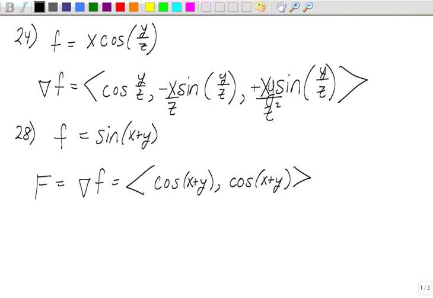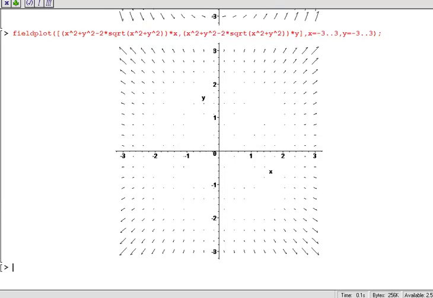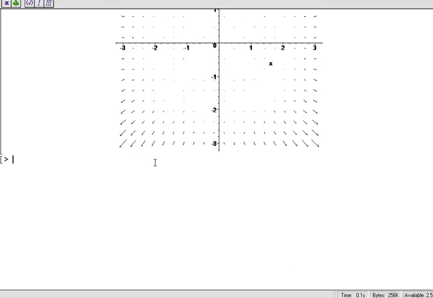And let's go to Maple. For 28, we're going to say let's define G to be the field, the vector field or the gradient field.